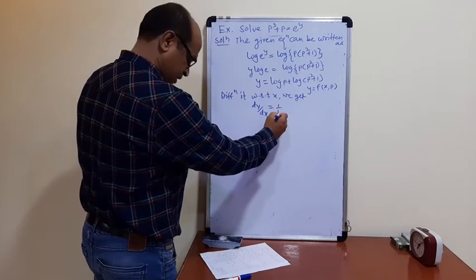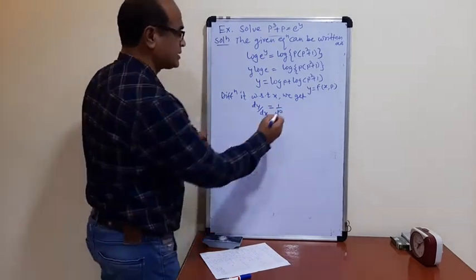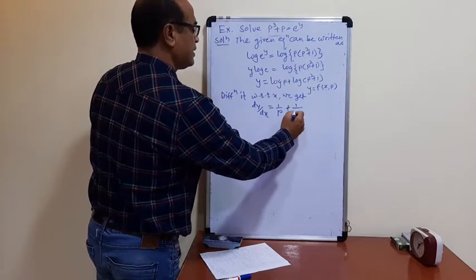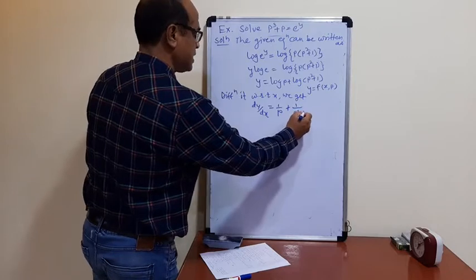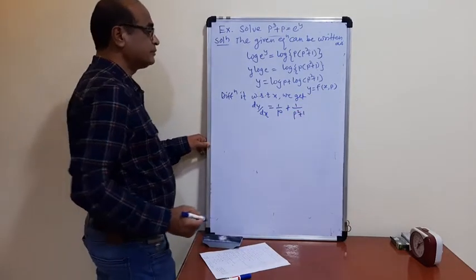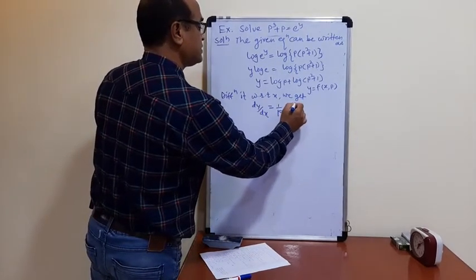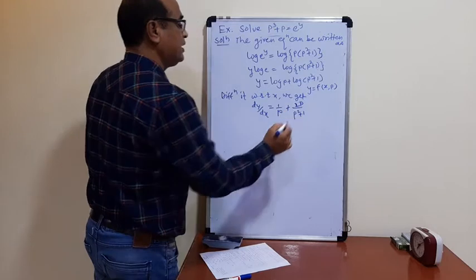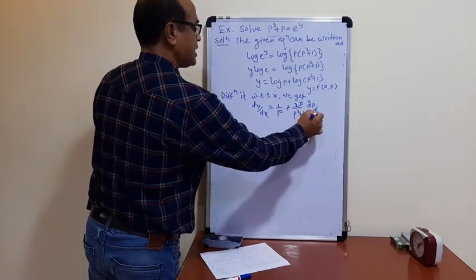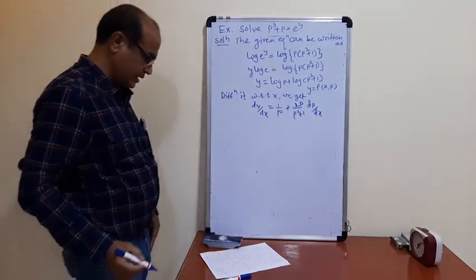So 1 upon p plus, what is the derivative of this? 1 upon p square plus 1 into the derivative of p square plus 1, which is 2p into dp by dx.